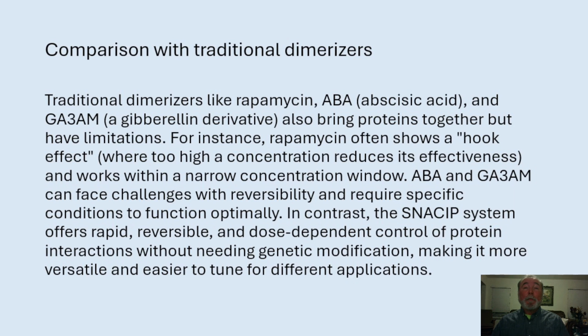For instance, rapamycin often shows a hook effect where too high a concentration reduces its effectiveness and works within a narrow concentration window. ABA and GA3-AM can face challenges with reversibility, which requires specific conditions to function optimally.